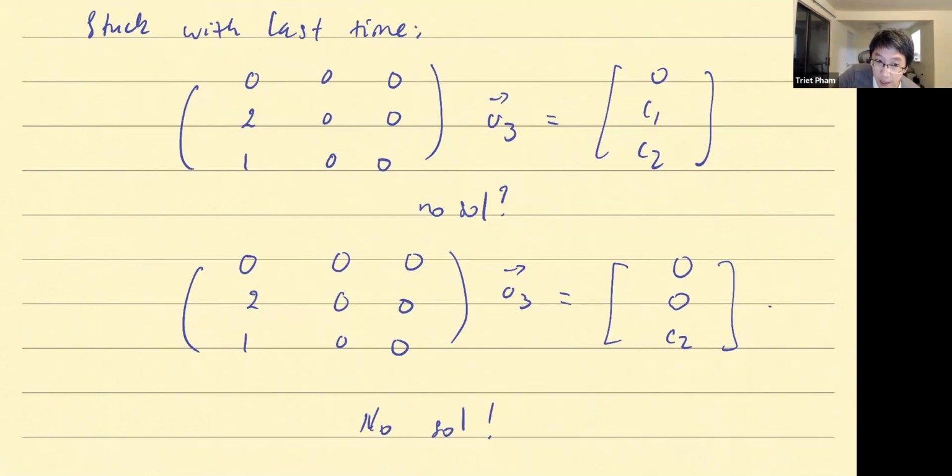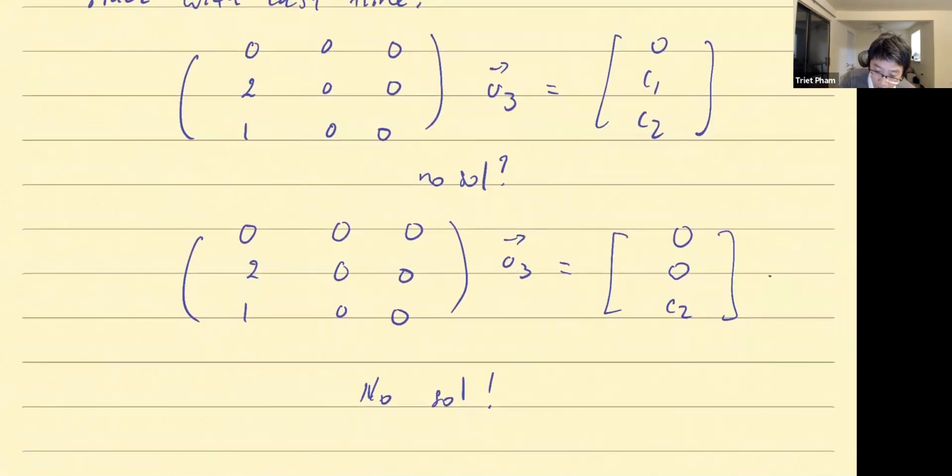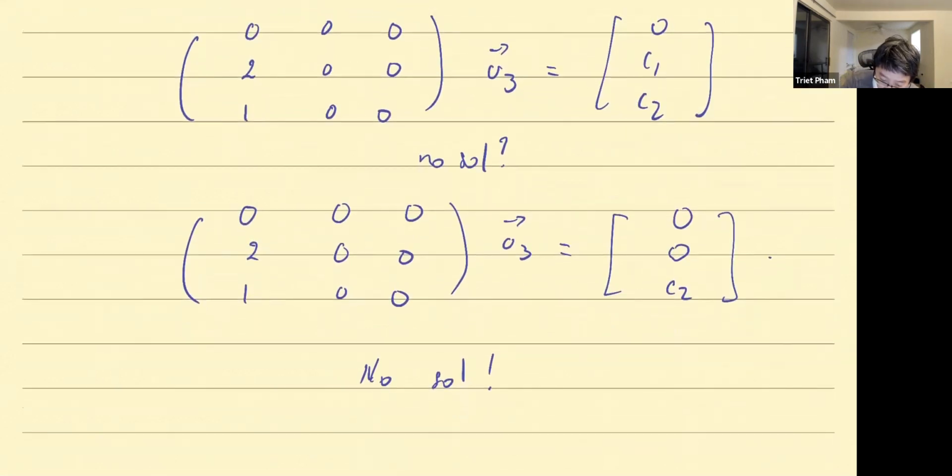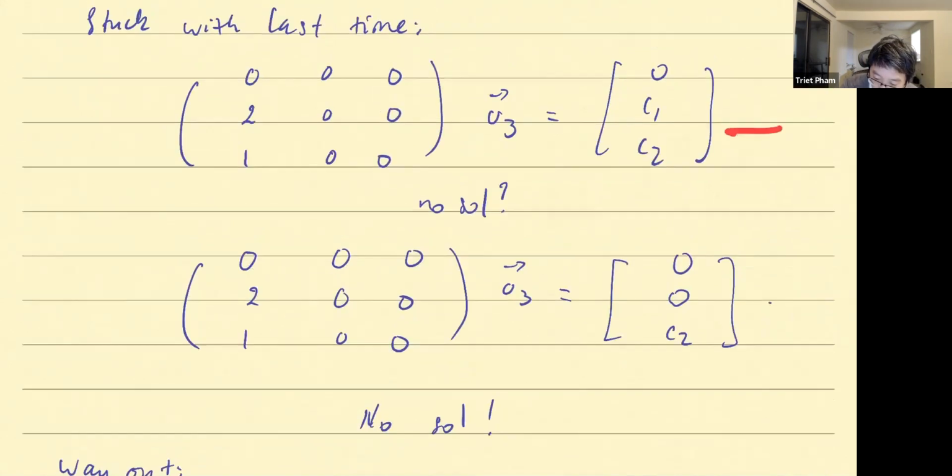So the way out, the correct solution, is this. The way out is that this system actually has a solution.